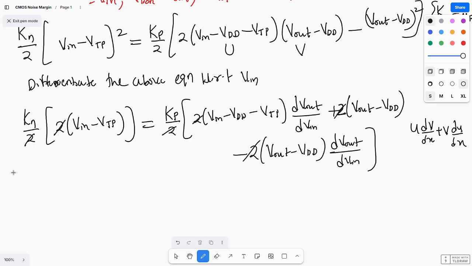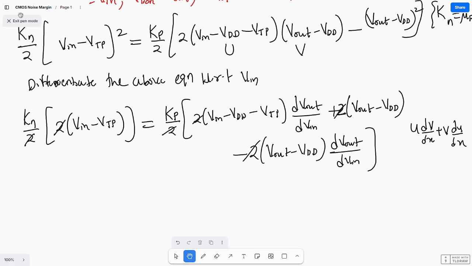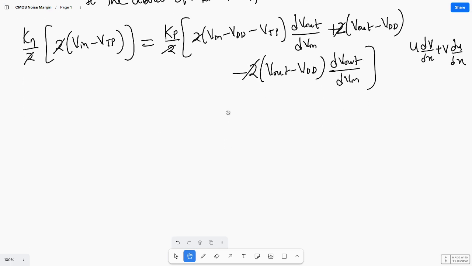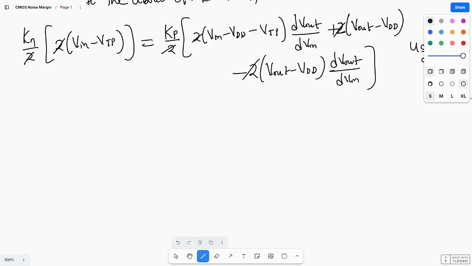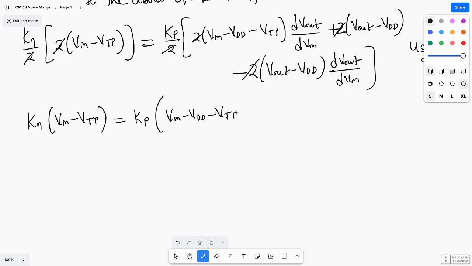If you rewrite this equation, what am I getting? Kn into Vin minus VTN, that is equal to Kp into Vin minus VDD minus VTP into dVout by dVin.